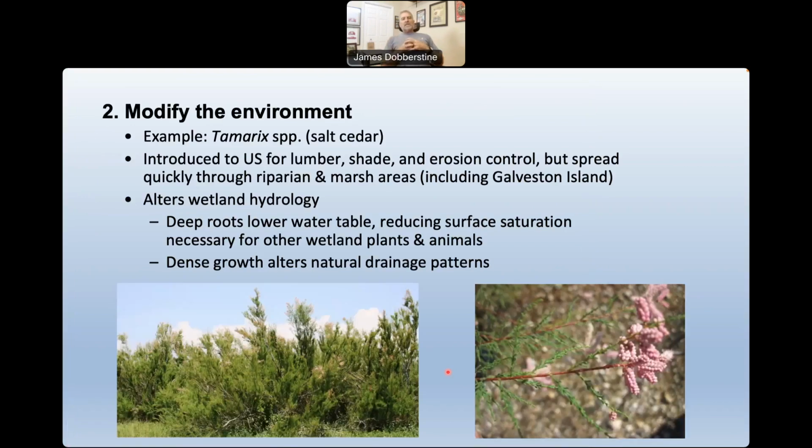All right. So, in some instances, some of these non-native species can, in fact, modify the environment in unproductive ways. One, and this is actually fairly common on Galveston Island, is tamarisk. Salt cedar is what you know it as, and this was introduced in the U.S. as well.